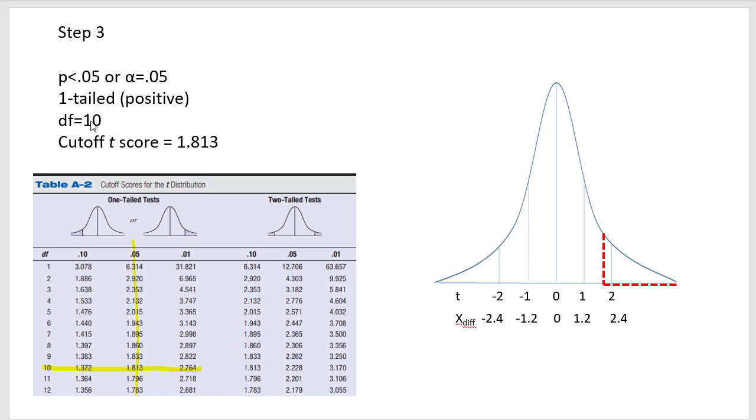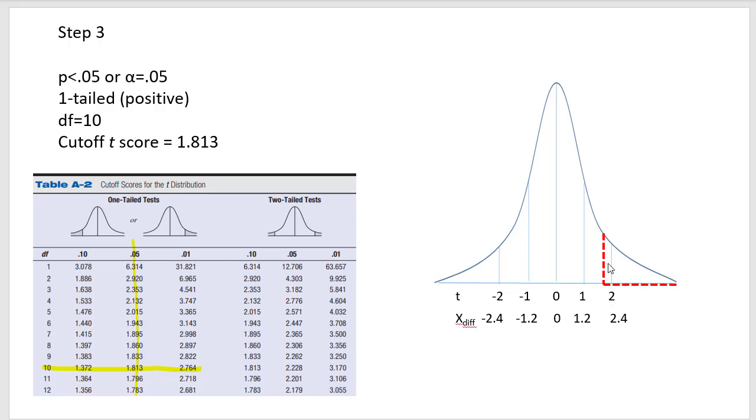We have 10 total degrees of freedom because we have 5 people in the first group and we have 7 people in the second group. 5 minus 1 is 4, 7 minus 1 is 6, 6 plus 4 equals 10. If we look at our table, for a one-tailed test at the 0.05 significance level with 10 degrees of freedom, we have a cutoff t-score of 1.83.